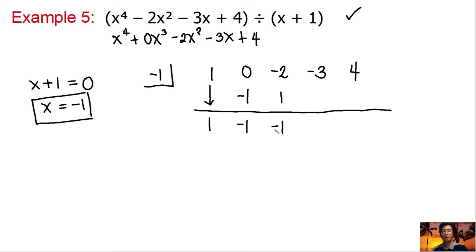Times negative 1 times negative 1, that is equal to positive 1. Okay? Okay, so next, negative 3 plus 1, that is equal to negative 2. Then last step, negative 2 times negative 1, that is equal to positive 2. Then add 4 plus 2, that is equal to 6. The last number, which is 6, is our remainder.